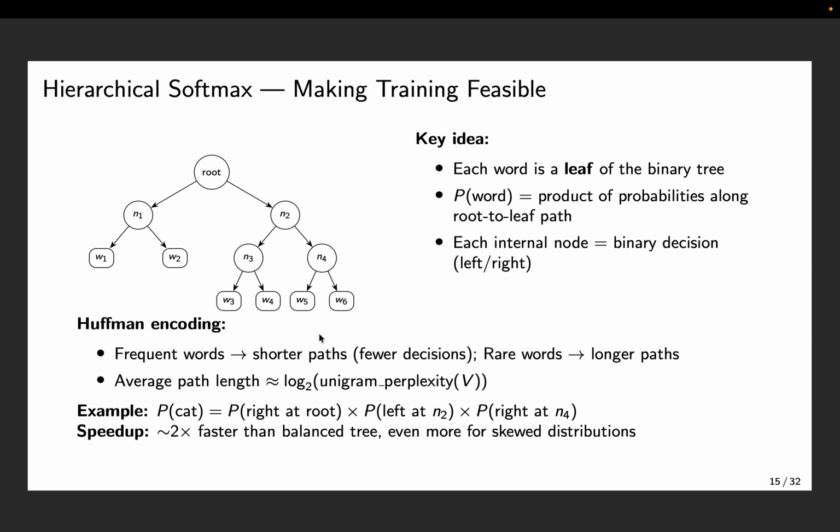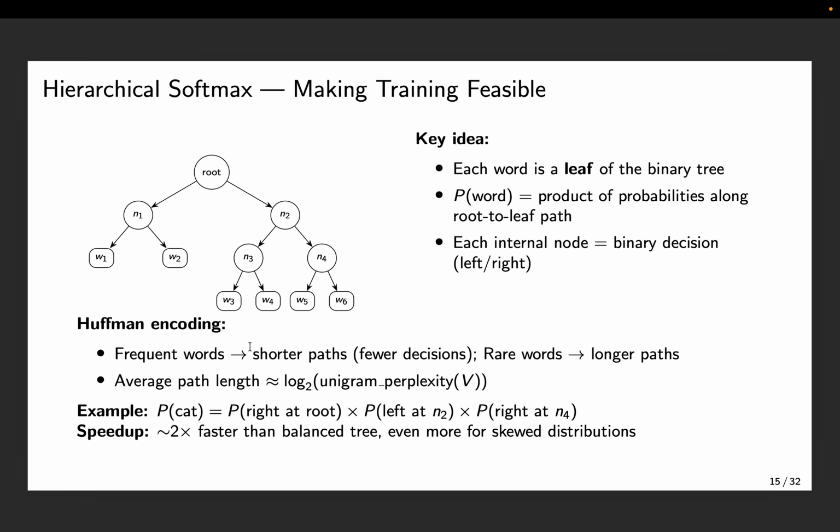Now here is the smart part. They use a Huffman tree. In a Huffman tree, frequent words get shorter codes. They are closer to the root. Rare words get longer codes. They are deeper in the tree. So words like the, a, of, which appear millions of times, might be at depth 3, and rare technical words might be at depth 20.